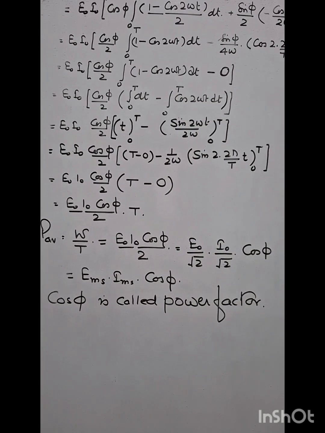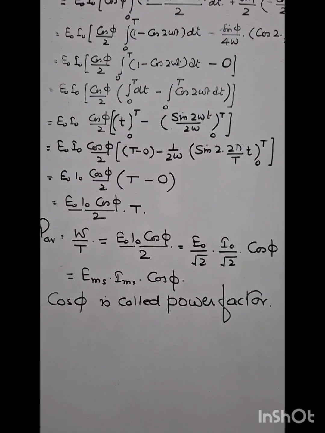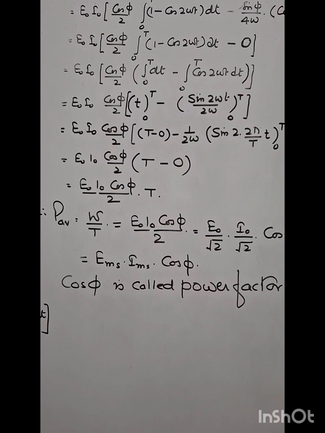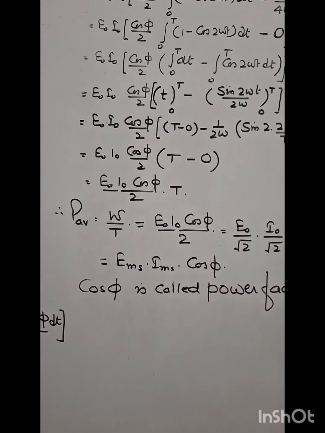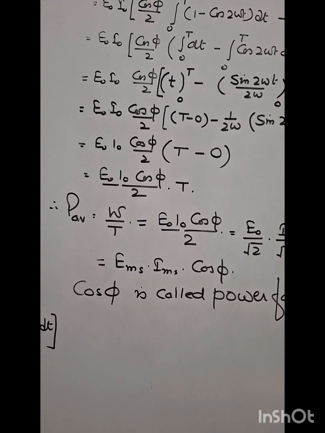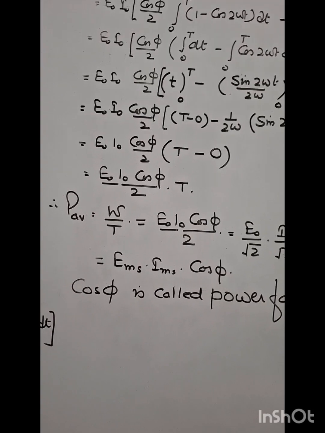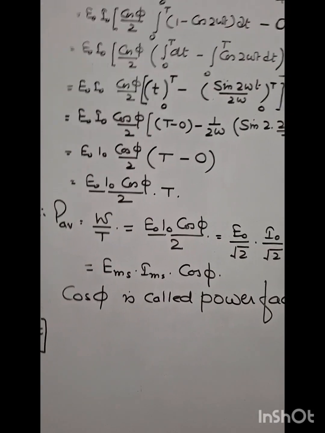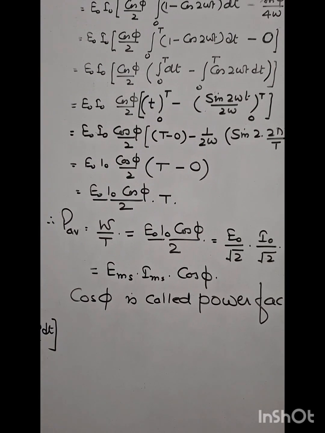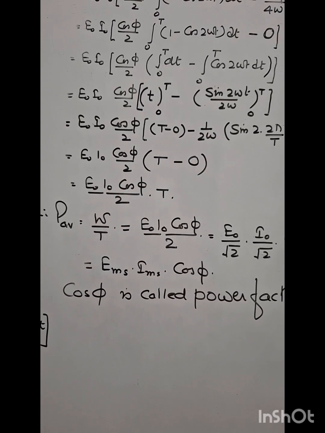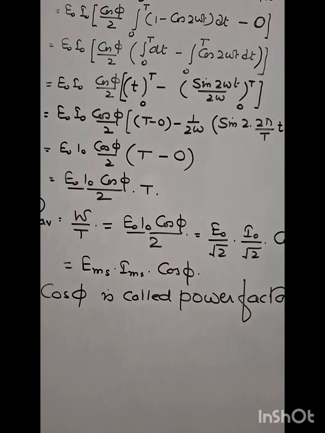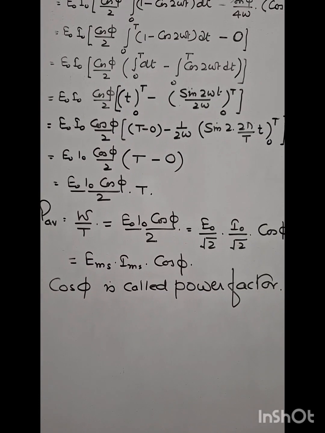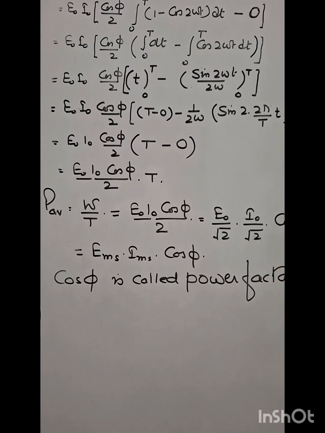The term cos phi is called power factor. So in this way, the general formula for average power in AC circuit is given by E RMS into I RMS into cos phi. The value of the power in AC circuit depends on this power factor cos phi.